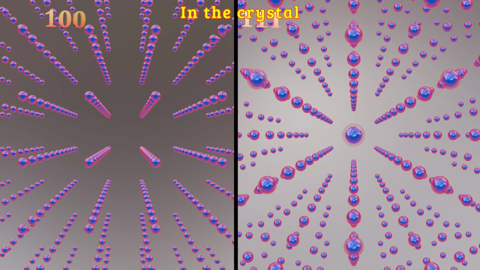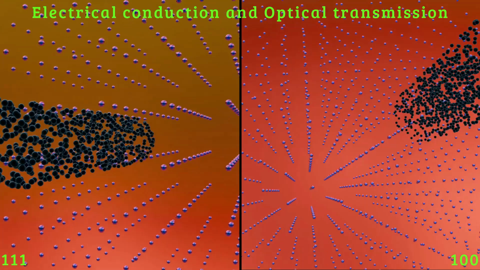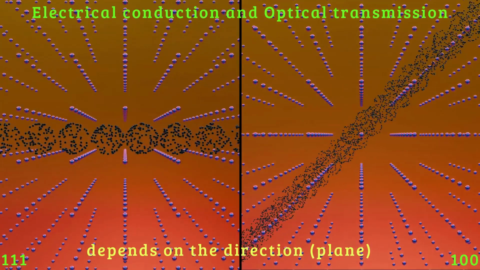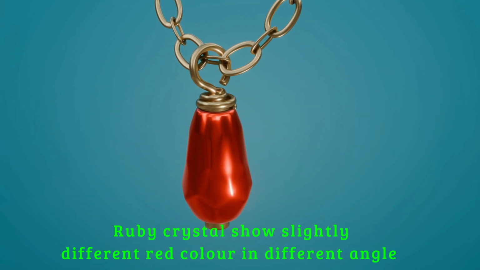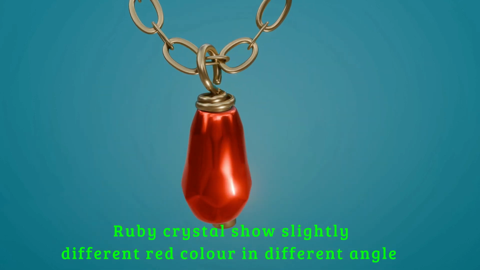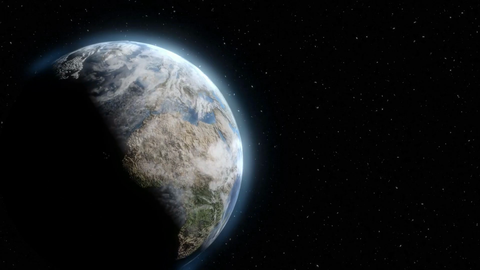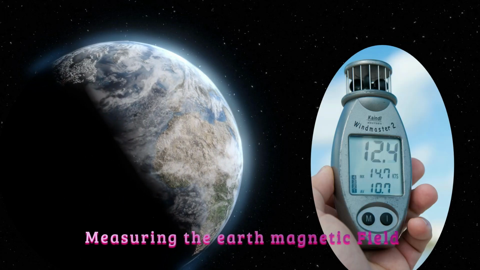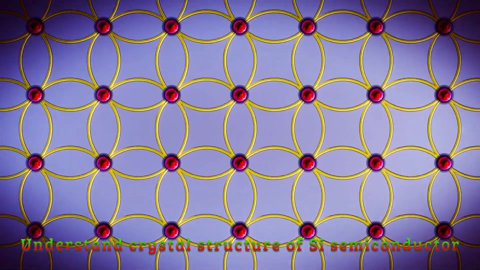In the crystal, as the atomic arrangement looks different in each plane, physical properties like electrical conduction and optical transmission depend on the direction. For instance, the ruby crystal shows a slightly different red color when we look at it from a different angle. Therefore, to use crystals appropriately, like measuring the Earth's magnetic field, we need to understand the crystal structure of the silicon semiconducting sensor.